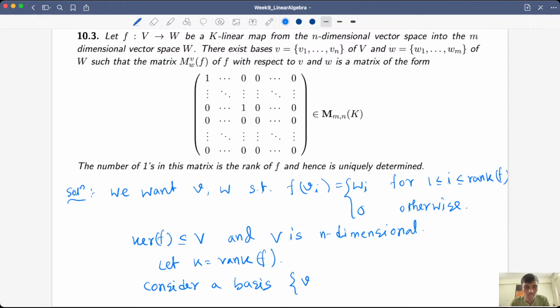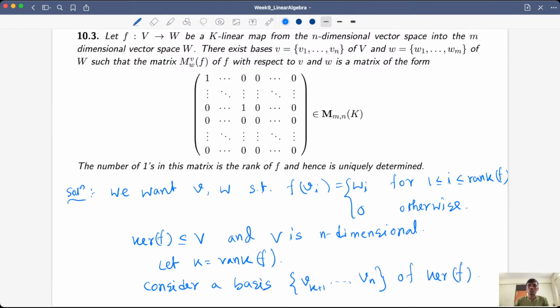So I'll just consider a basis v k plus 1 through vn of kernel f.